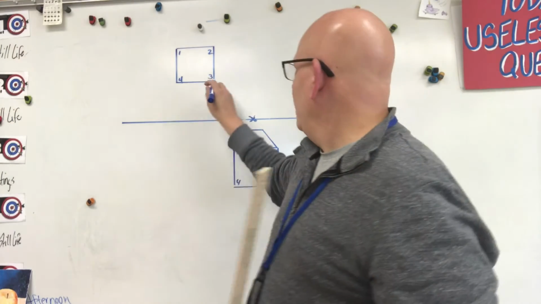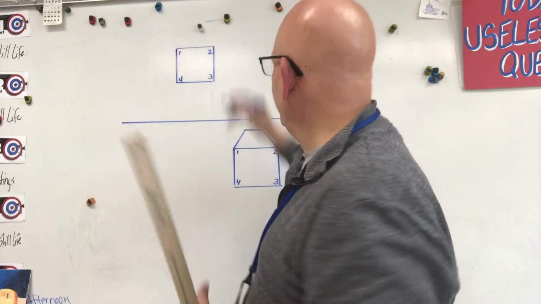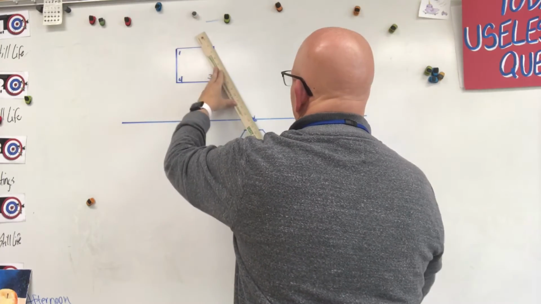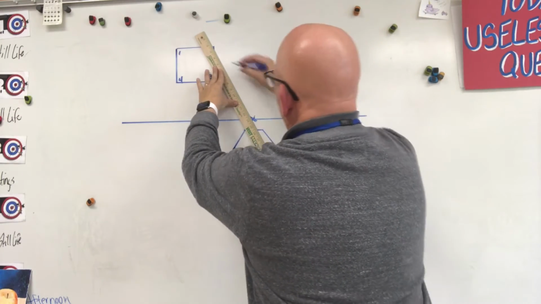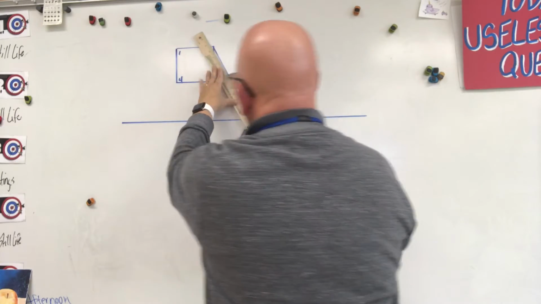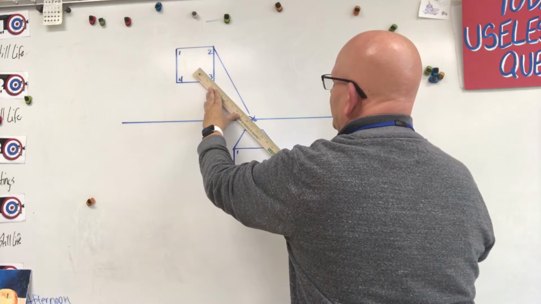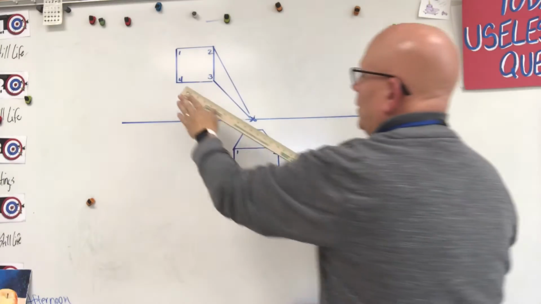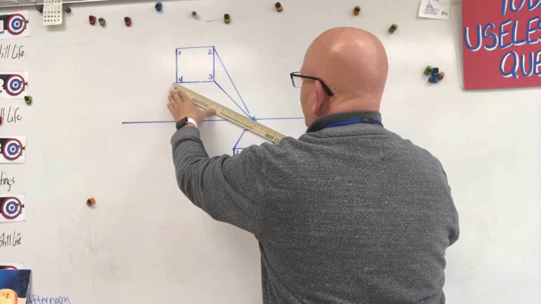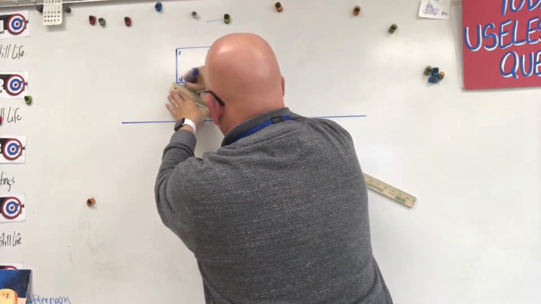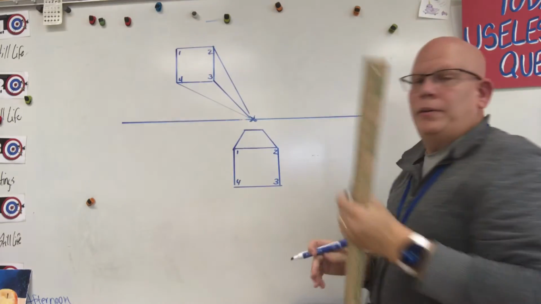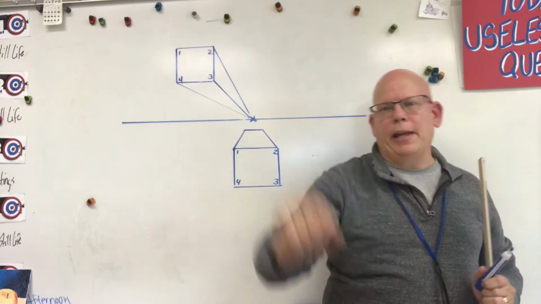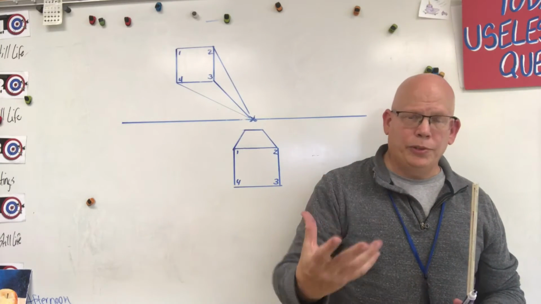So 2 is going to go back to the vanishing point. It looks like that. 3 to the vanishing point. It looks like that. Okay. 4 needs to go to the vanishing point. It looks like that. Now it looks like I have a giant 2x4 coming out of the screen toward you.